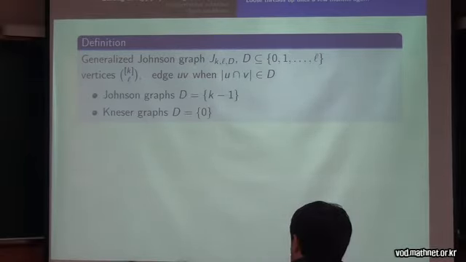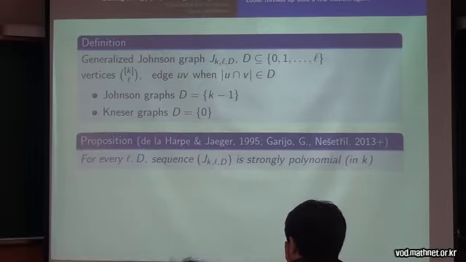So the Johnson graphs, as you defined, you want the intersection to be k minus 1, and the Kneser graphs, you want the intersection to be empty. Maybe the Kneser graphs are the most familiar. Like the Petersen graph is an example of a Kneser graph, where k equals 5 and you're looking at two-subsets.